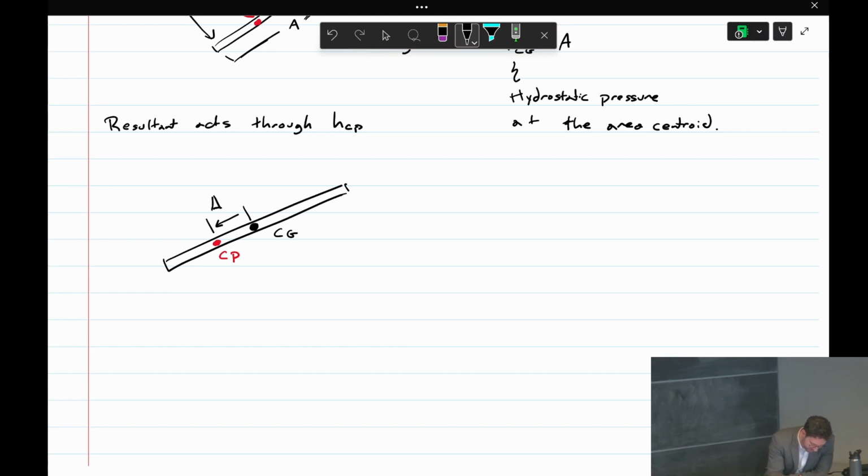I'm going to call that delta CP. Delta CP is I_xx sine theta over y_CG. Okay, and I've given this in gauge. There's an assumption of gauge pressure made in this derivation.